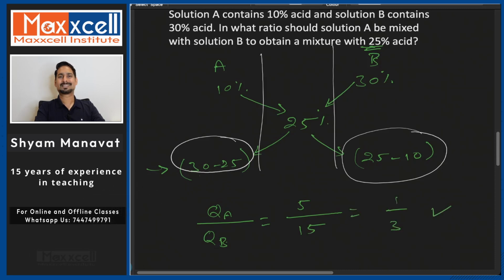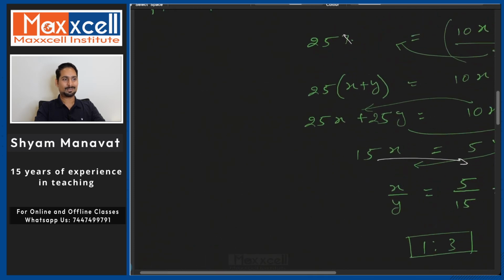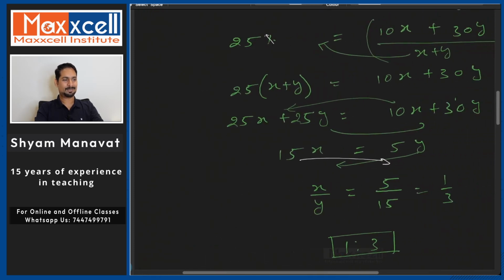That is your answer. Pretty easy, right? No mess, no hassle of assuming values. You can see this is 5 upon 15. We directly jump to this part. X was the quantity of A which we had assumed, and Y was the quantity of solution B we had assumed. 5 by 15, 1 upon 3.